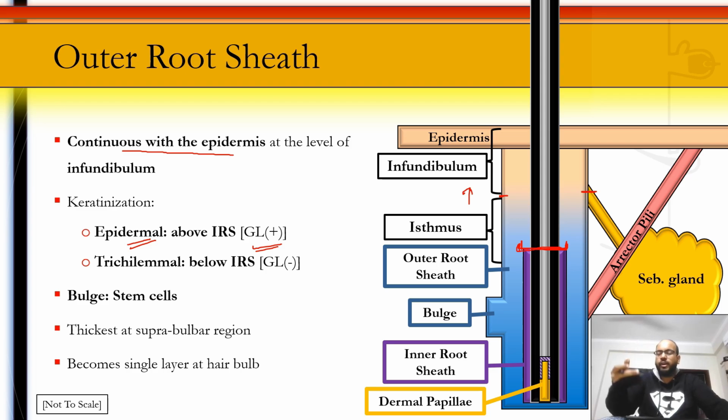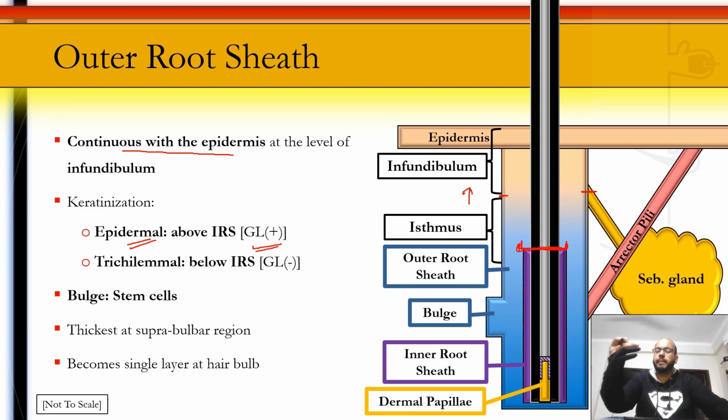So if you look at the longitudinal section of a hair follicle, the part of ORS which is above the IRS has sloughed off, and you will see epidermal keratinization. That means you will have a granular layer, with keratohyalin granules that contain keratins specific for skin keratinization, not hair keratinization.